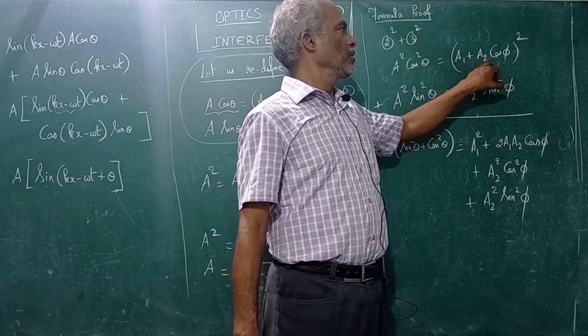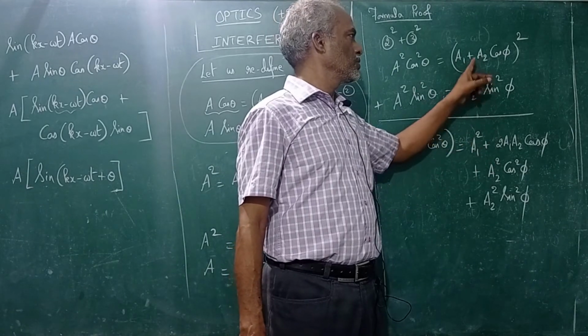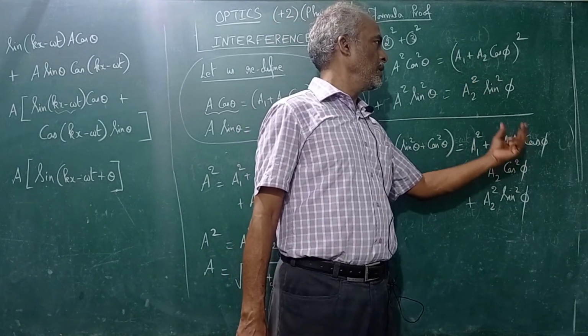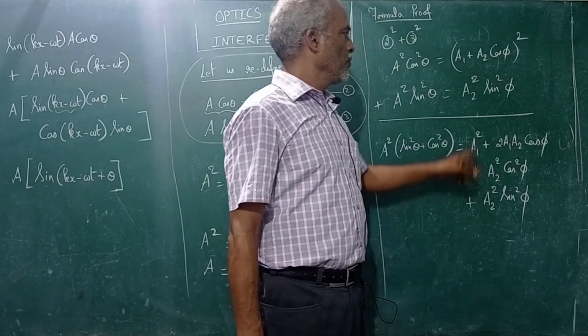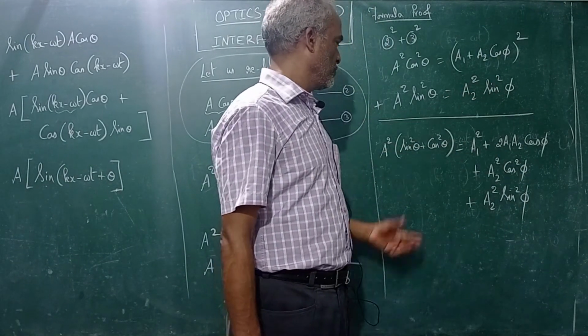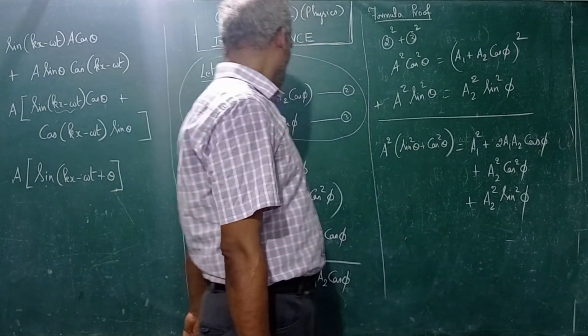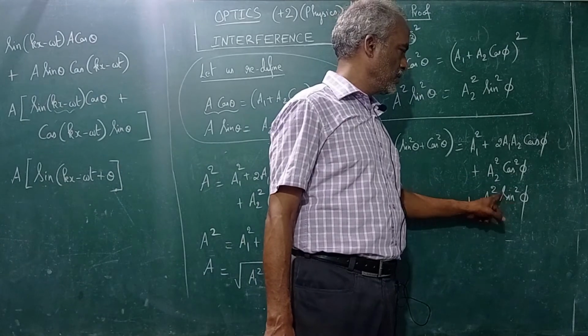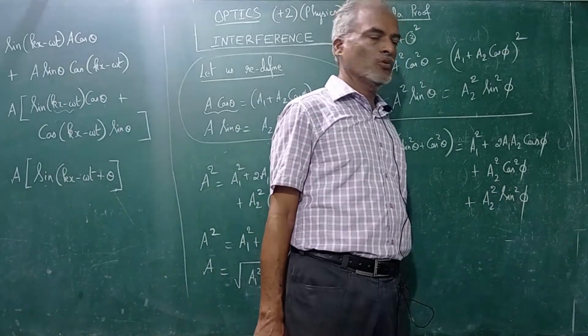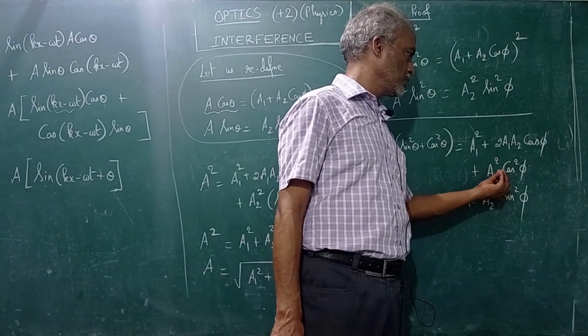This is the a plus b the whole square formula: a1 square plus 2a1 a2 cos phi, that is 2ab, plus b square, a2 square cos square phi. For this, a2 square sin square phi. So this value is 1, therefore we have only a square. And here again in these two terms a2 square is common, so sin square phi plus cos square phi is 1.